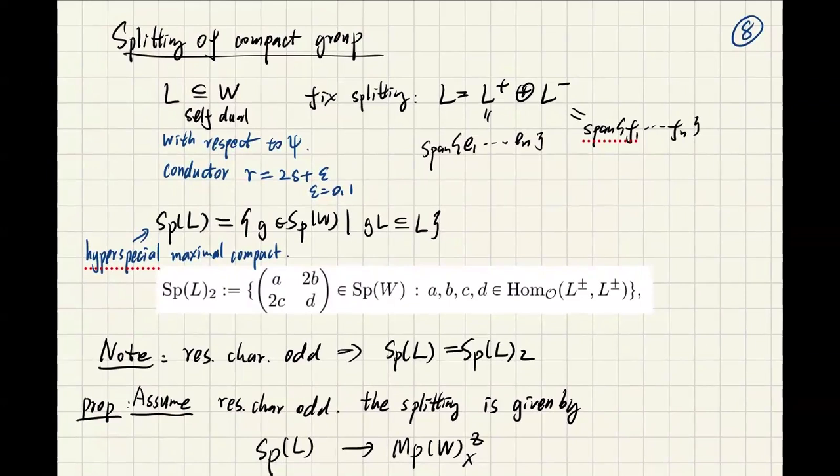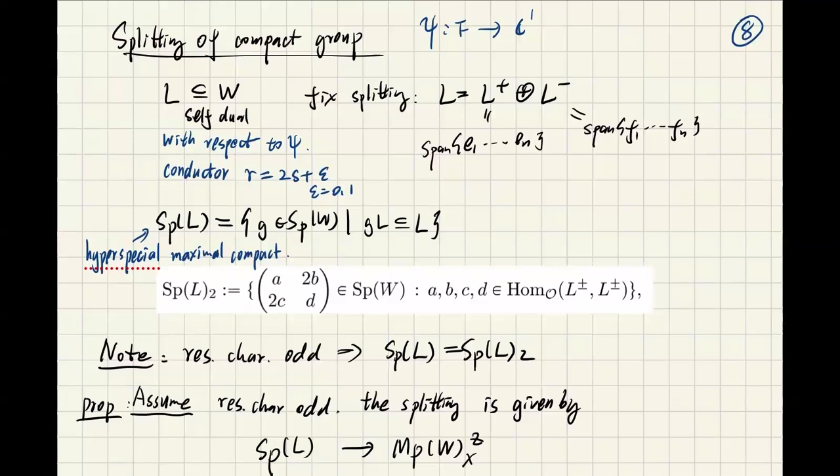Another interesting splitting is that you can split for compact groups. How do you get a compact group? You always fix a non-trivial additive character psi from F to C cross, actually to C1. Recall that last time we defined the notion of a self-dual lattice.